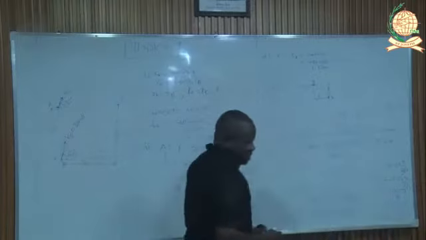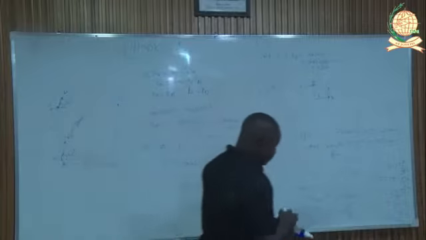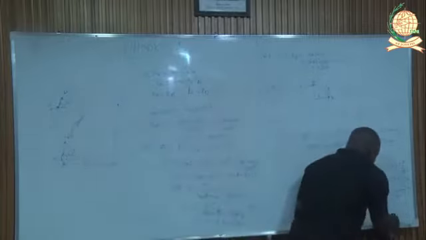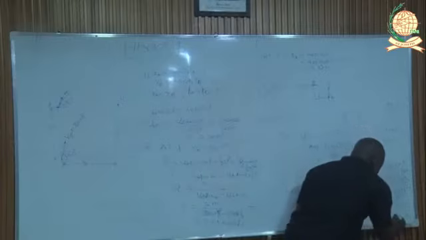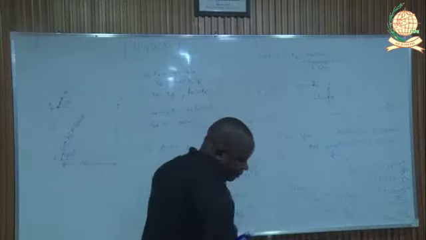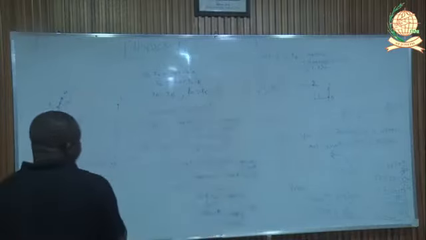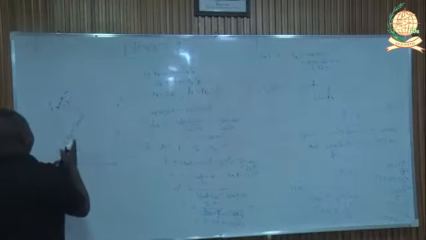So the radius is now known, it is 100. If it is 100, what will now be the angle?